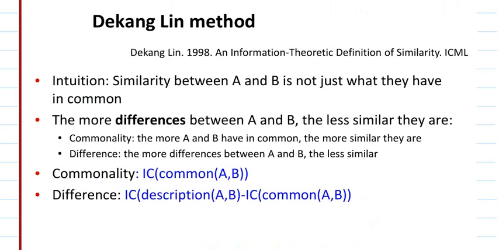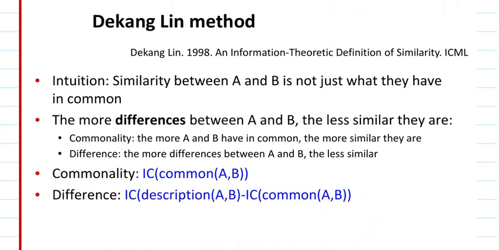The intention is that the similarity between A and B is not just what they have in common, but it can also be quantified with the help of the differences between A and B. So the more differences between A and B, the less similar they are.